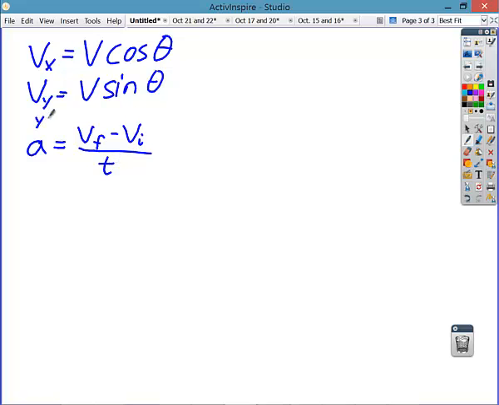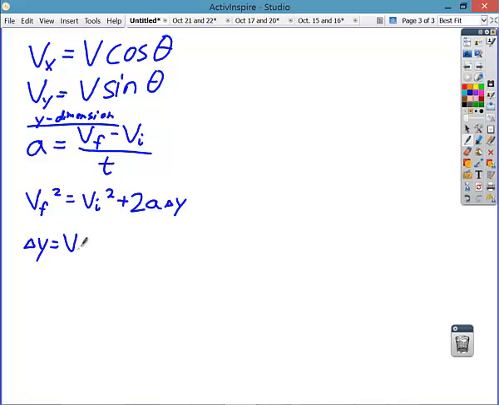You also know that v final squared is equal to v initial squared plus 2a delta y. And delta y is equal to vi times t plus 1/2 a t squared.